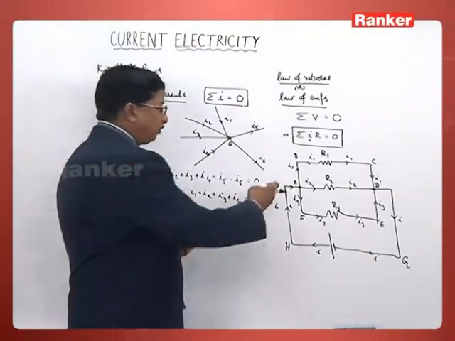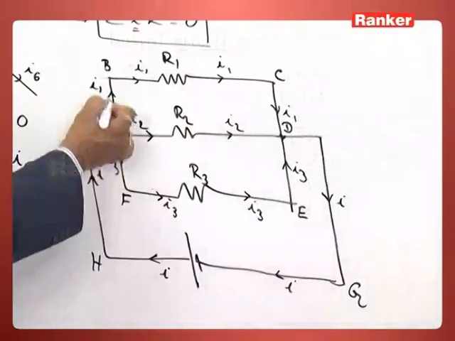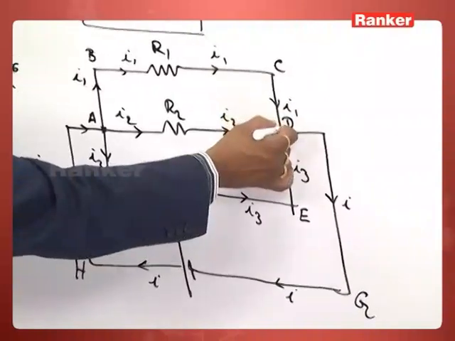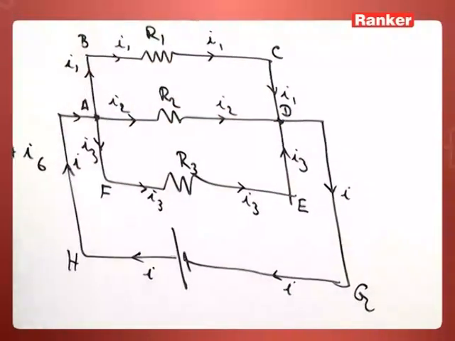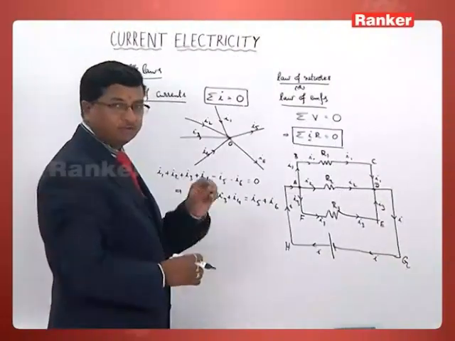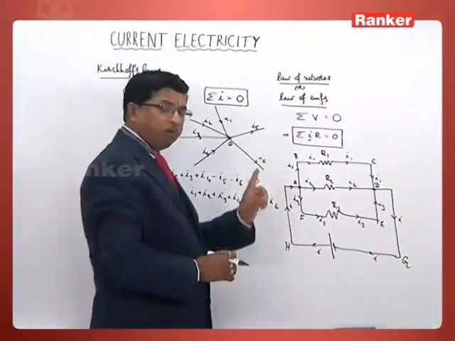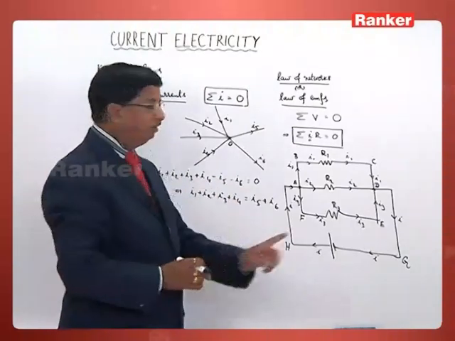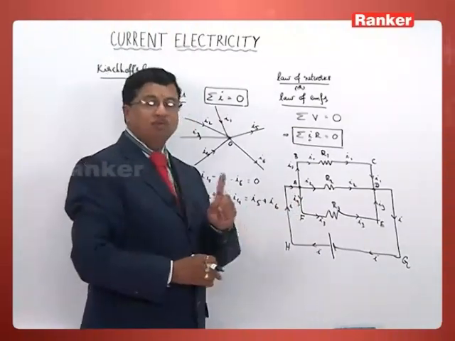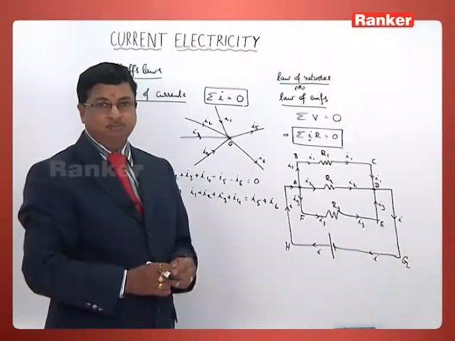For example, if you start from A, if you go to B, then to C, then to D and come back to A, this is a closed electrical network or a circuit. Such closed networks, if you count in this circuit, you will find 6 by number.